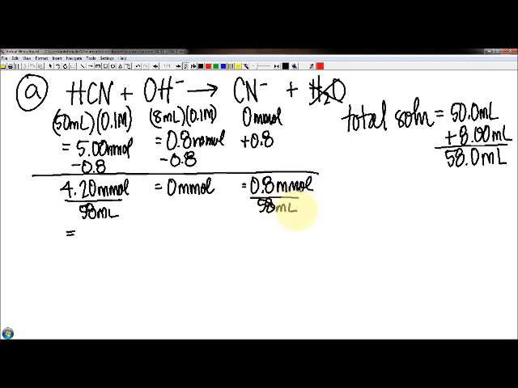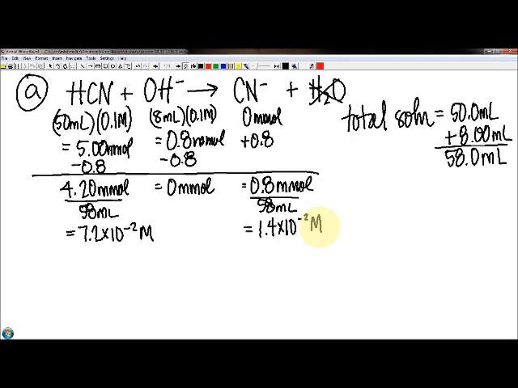So for the acid, our molarity now is 7.2 times 10 to the negative second. And for the cyanide, it is now 1.4 times 10 to the negative second molar.